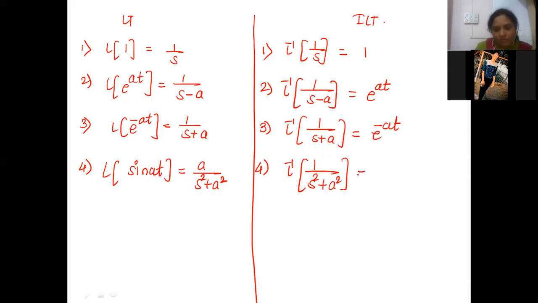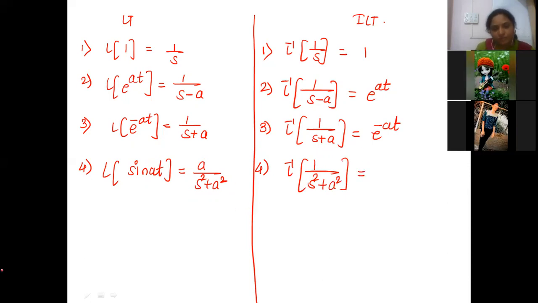So what will it be? 1 upon a into sin at. Since a is multiplied there, it will go to the denominator. So it is 1 upon a into sin at. Remember that. Next formula was Laplace of cos at, which is s upon s square plus a square.